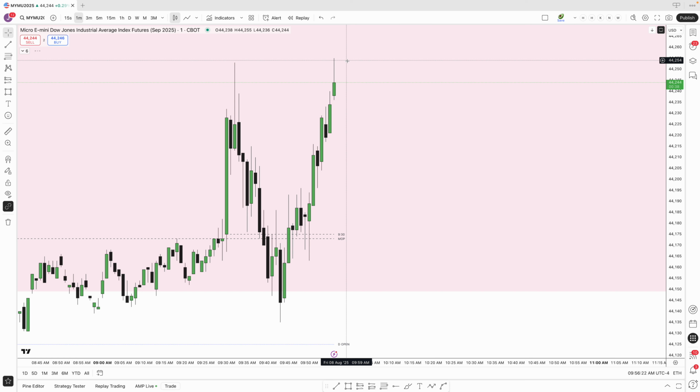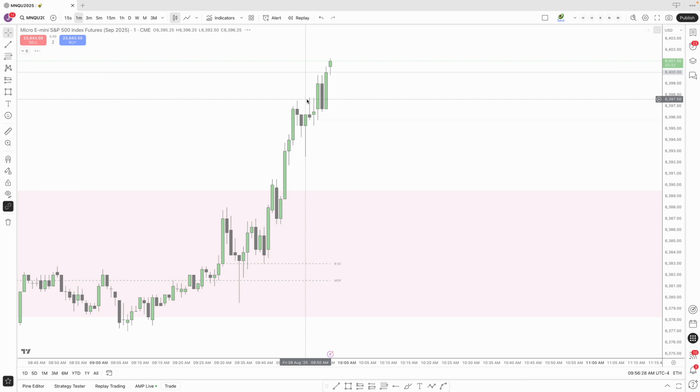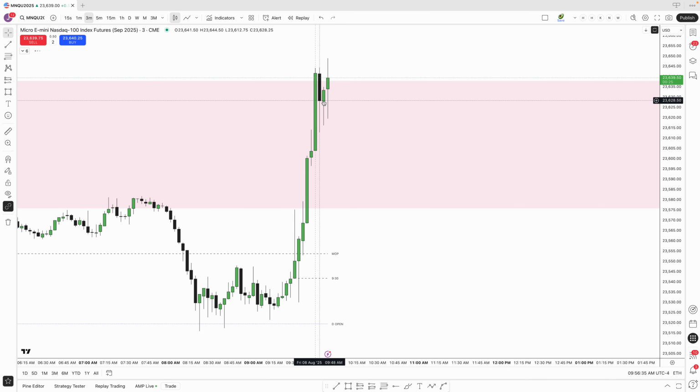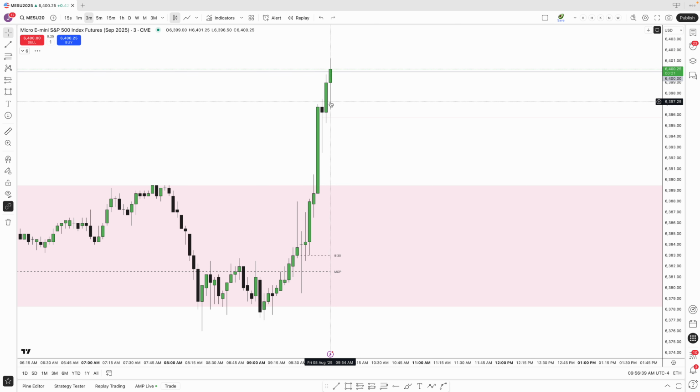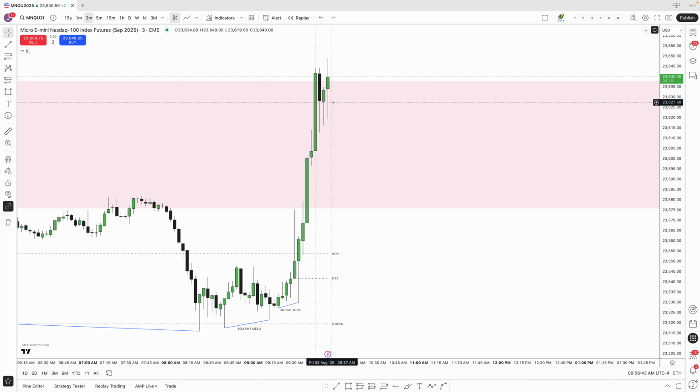Made a new high on YM as well. So now we have all indices moving higher. High being made at 954, 954, and 954. So this, to me, is not good for shorts at the moment.